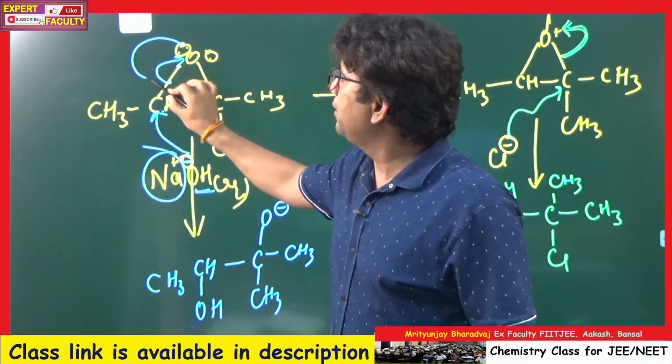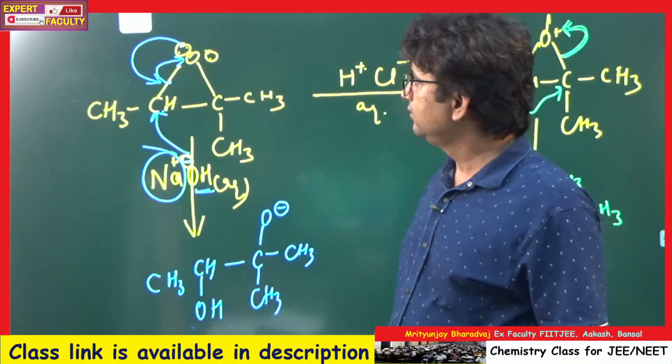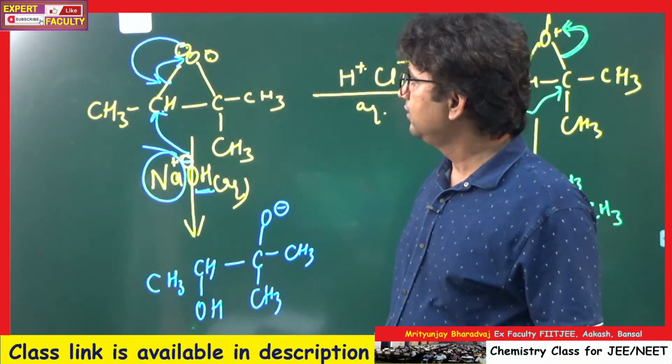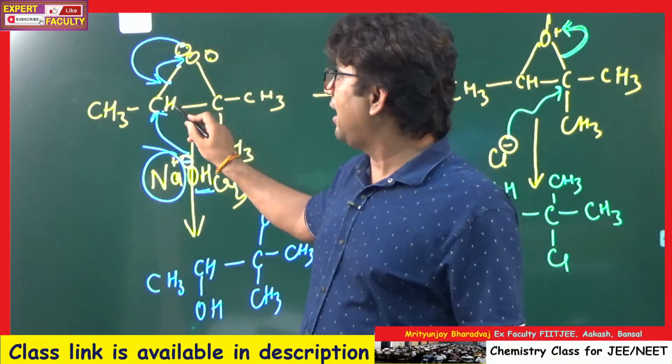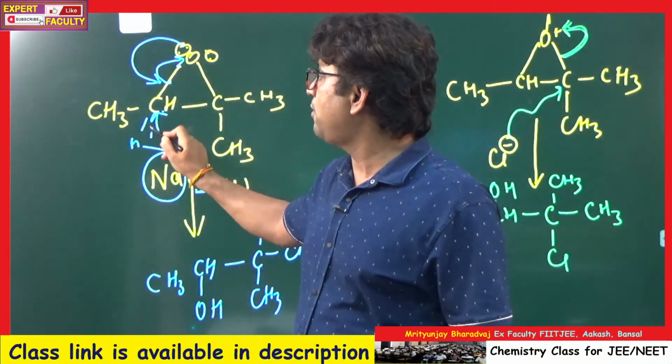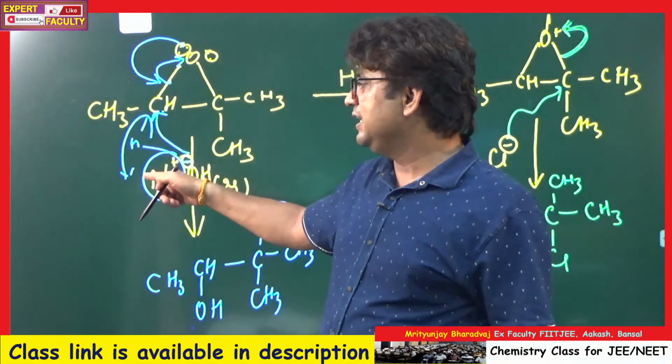Oxygen will get positive. For that, when the hydrogen leaves, it will leave in the form of H minus. If I follow your step, hydrogen will leave in the form of what?